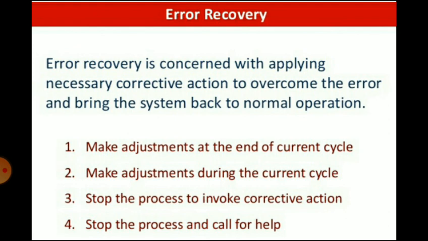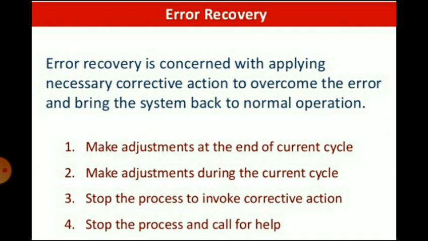Second is make adjustments during the current cycle. In this case, the action to correct or compensate for the detected error is initiated as soon as the error is detected. Third is stop the process to invoke corrective action. In this, the work cycle is suspended during corrective action without human assistance.